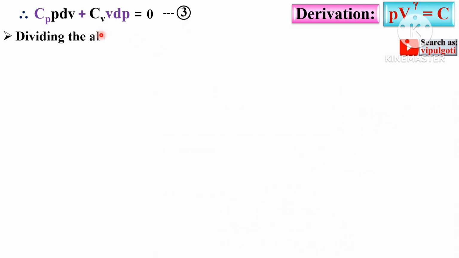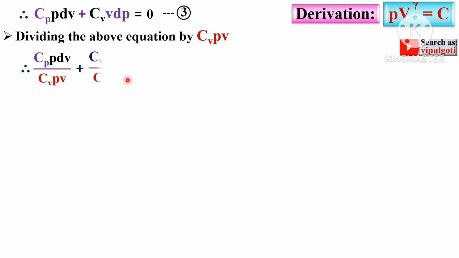Now dividing the whole equation number 3 by Cv into PV. It is very simple, the whole equation divided by Cv into PV. So you can understand the right side is 0. Now simplify. So P and P will be cancelled here. Take care, V and V will not be cancelled, because this is the single term dV, meaning change in volume.